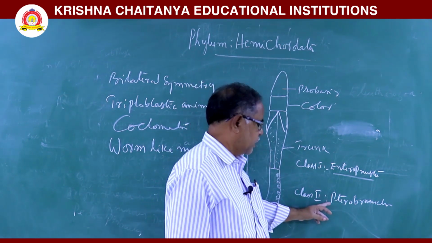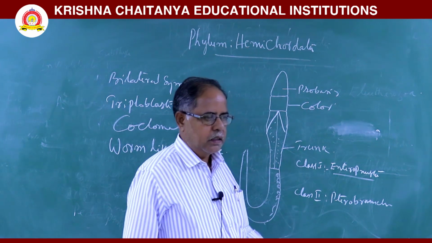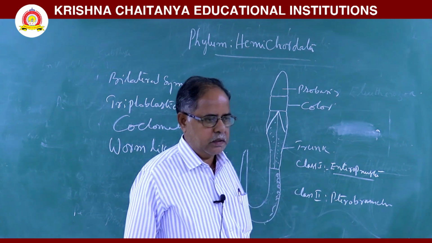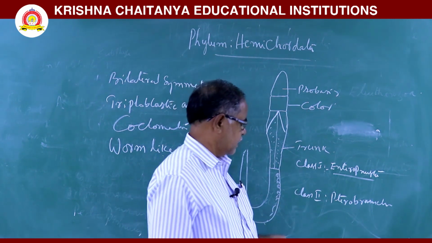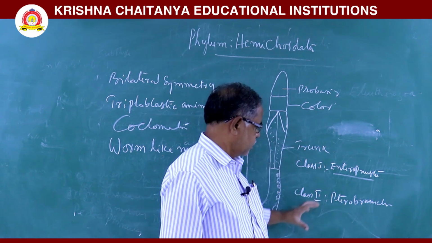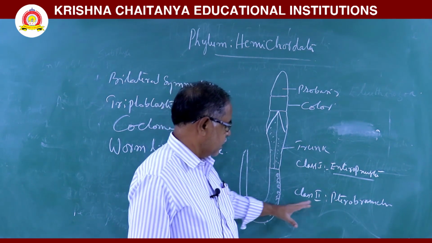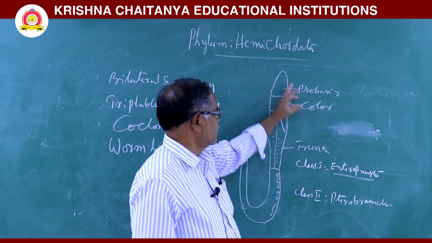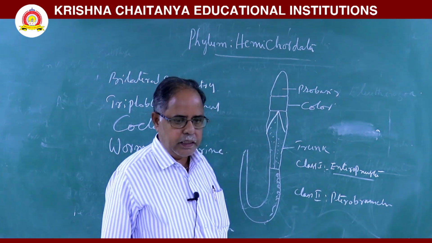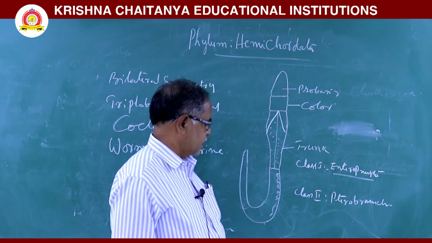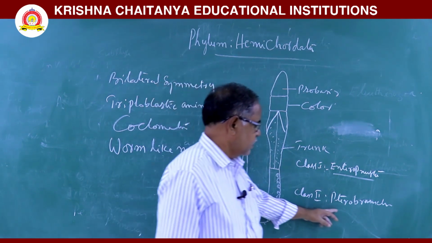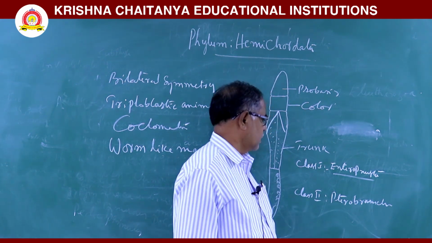Class 2, Pterobranchia. They are colonial animals. Here, in this animal, the body is divided into three parts: proboscis, collar and trunk. Example, Saccoglossus.